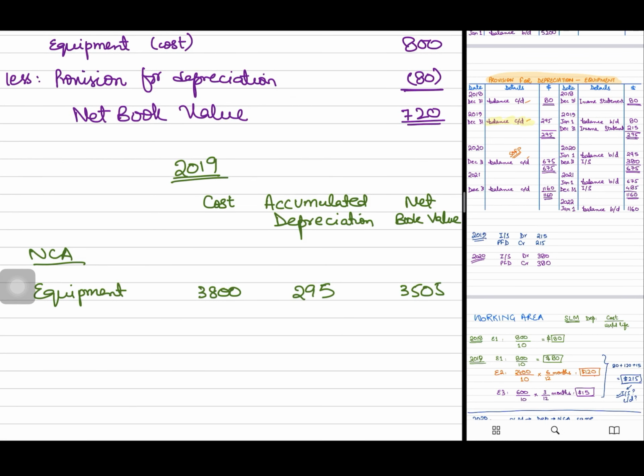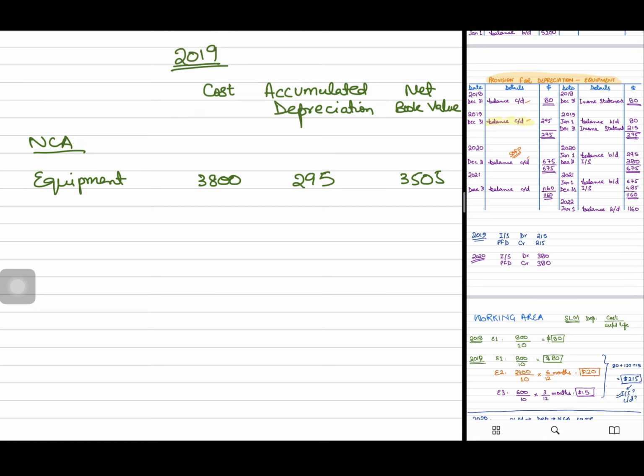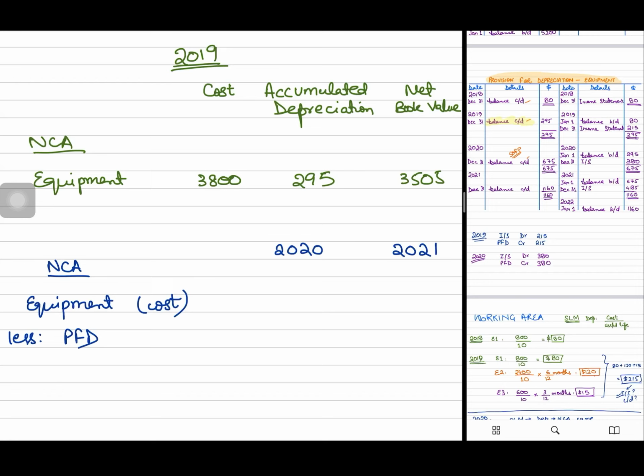There is one more format which you can also use if you are given multiple years, and that we will be using for year 2020 and year 2021. So how do we write this? Non-current assets again, and then we know that we have equipment at cost, and we have to subtract the provision for depreciation from the cost, right?